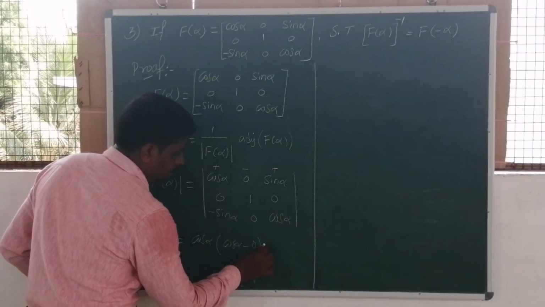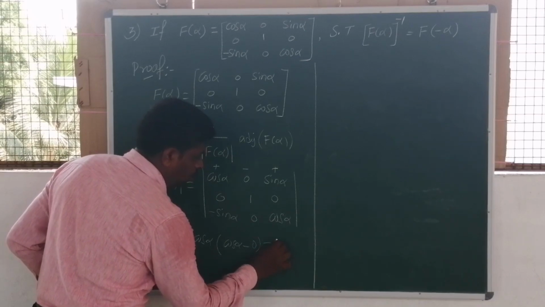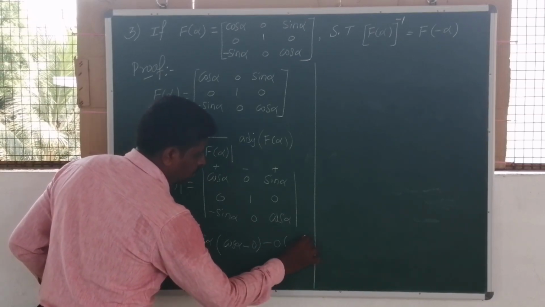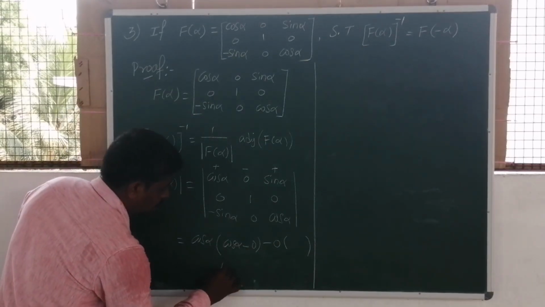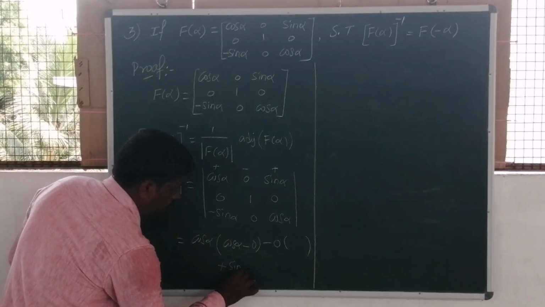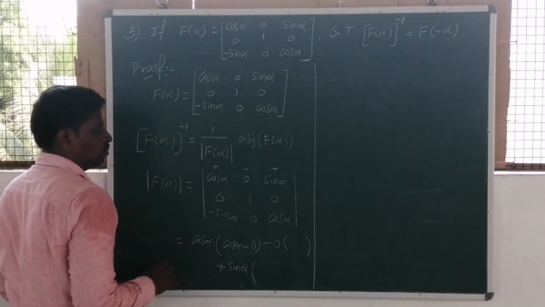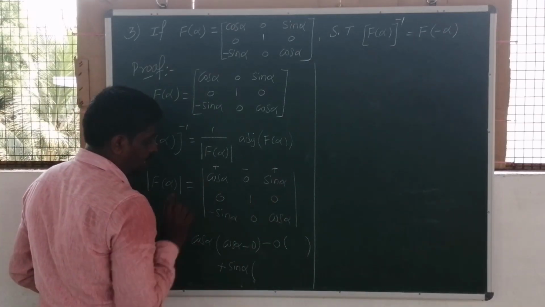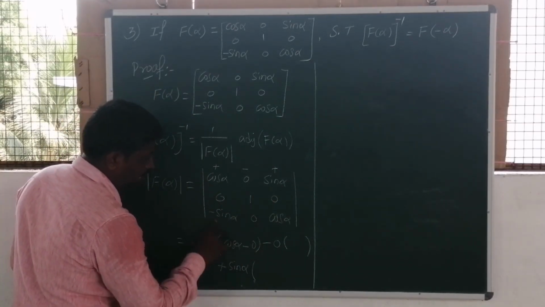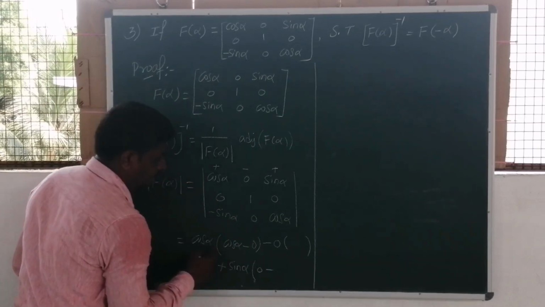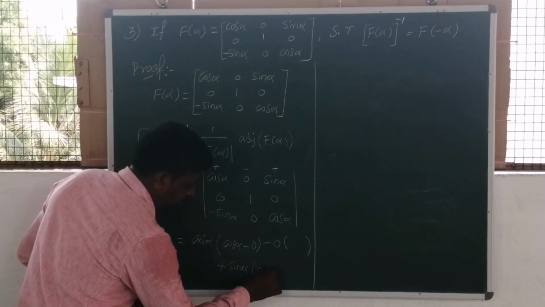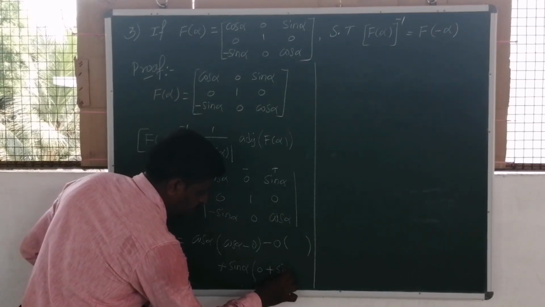The second element is 0, so 0 multiplied with anything is 0. The third element is sin alpha into its 2 cross 2 determinant, which is 0 minus minus sin alpha, that is plus sin alpha.